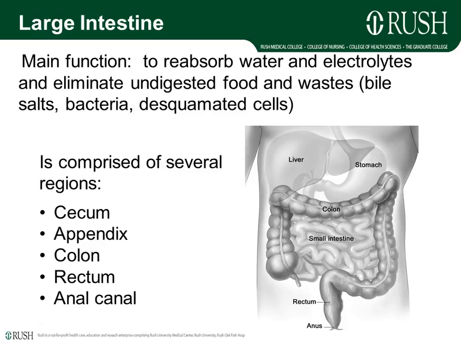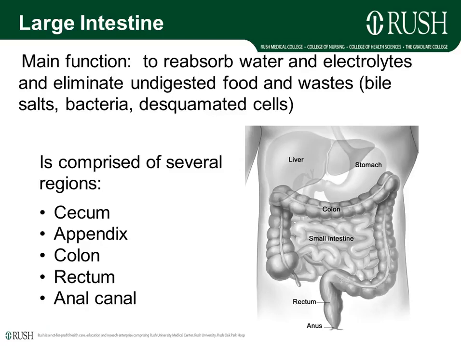So the large intestine has several regions. It begins at the cecum, where the ileum empties into the large intestine. And at that area, there's also the appendix, which is a small finger-like extension that projects off the bottom area of the cecum. It proceeds upward into the regions of the colon, the ascending, transverse, descending, and sigmoid, and then to the rectum, and then out through the anal canal.